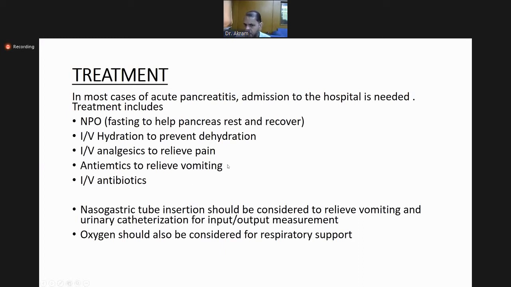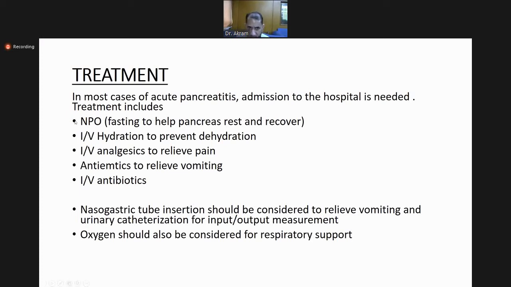Number one, the patient stops vomiting, and number two, the content of the stomach is aspirated or evacuated. And if the patient has a fever or WBC more than 12,000 per cubic millimeter, then you give antibiotics. And if you think the patient has severe pancreatitis and is dehydrated, then you pass a Foley's catheter to measure the urine output.